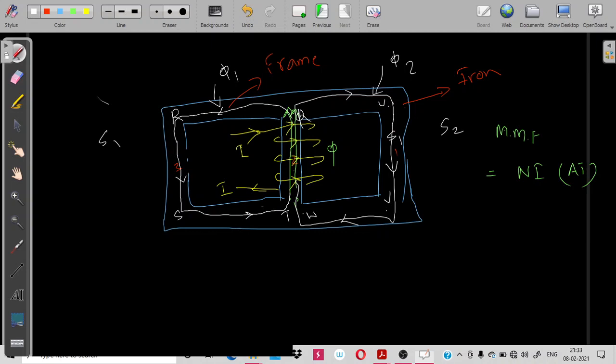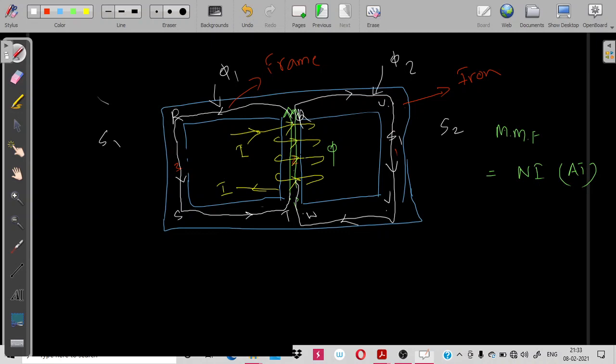Okay, now, the flux lines always form closed paths or closed loops. So the total flux phi inside this coil winding is also experiencing some opposition from this limb 2 also.